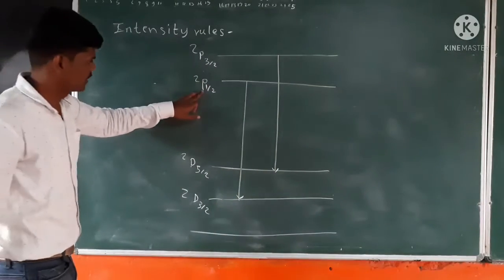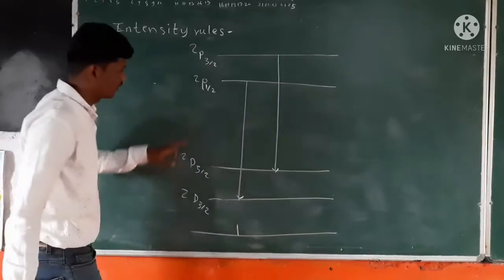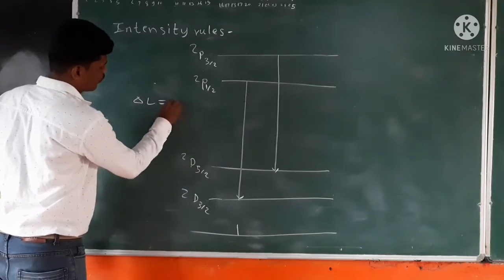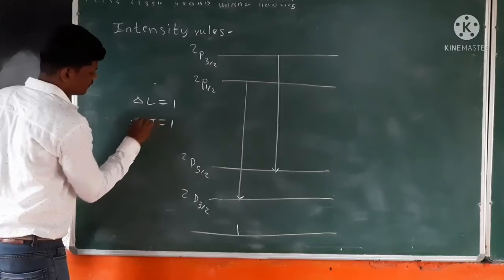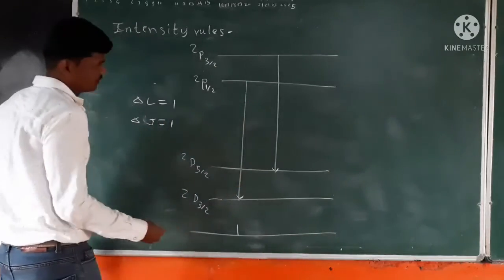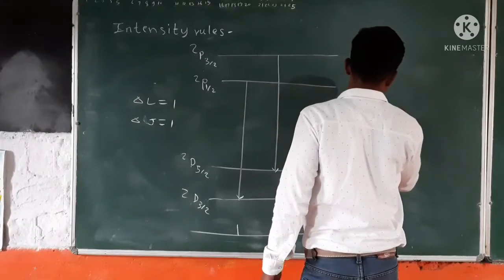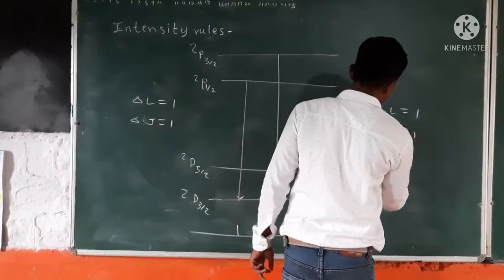Here you can see for this spectral line, what are the del L values? It is 1. The del J value is also 1. For the next spectral line, del L is 1, del J is also 1.